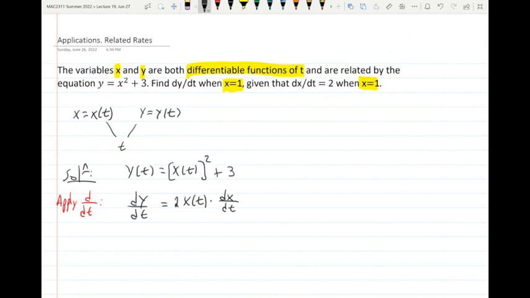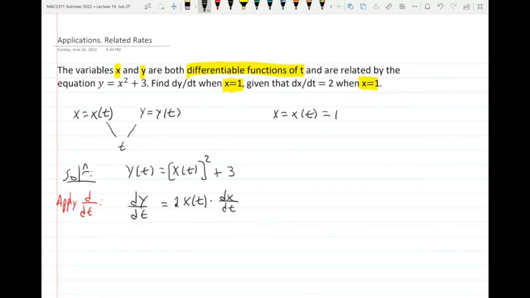So let me tell you why this is being told like this. What is x equal to 1 in this context? Remember, x is the same thing as x of t. So when I say that this is equal to 1, I'm not giving you any information about t at all, but this is a way for me to fix a value for t. This is a way to fix a moment in time.